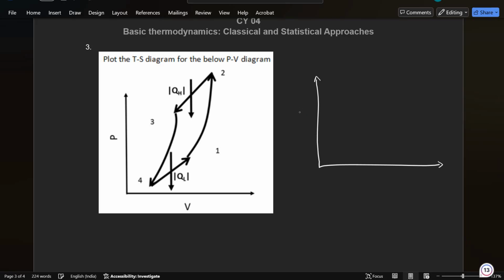TS diagram. T is here, S is here. Okay. So this is some kind of engine, so that we are clear. So first, let's consider step 1 to 2. Is it a volume expansion or decrease?